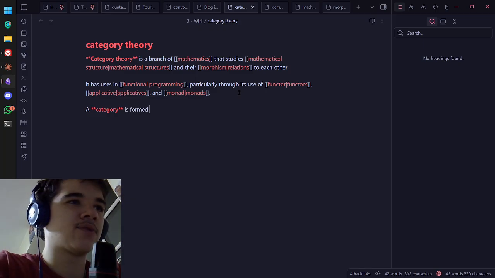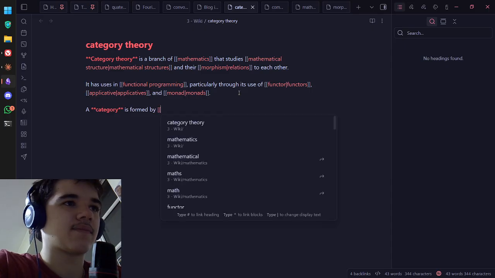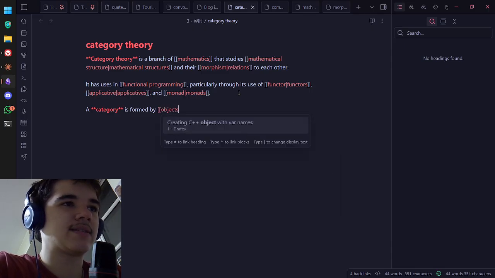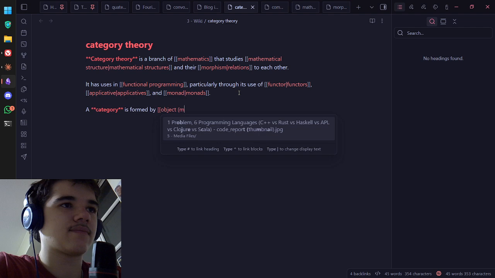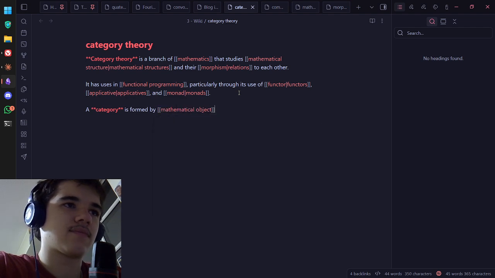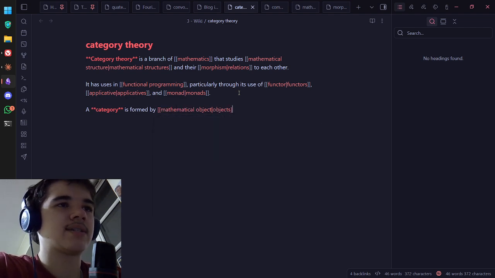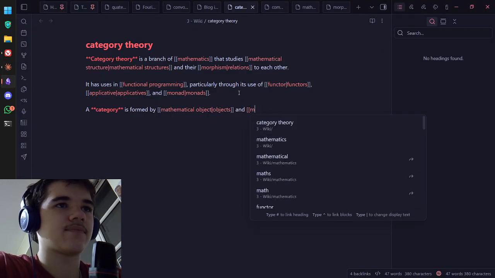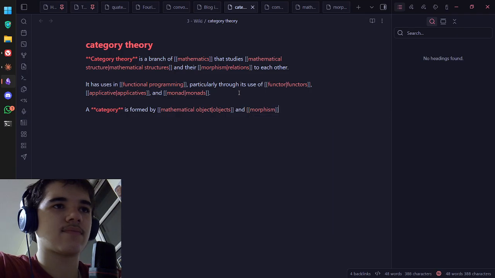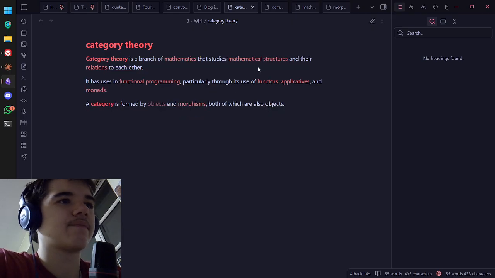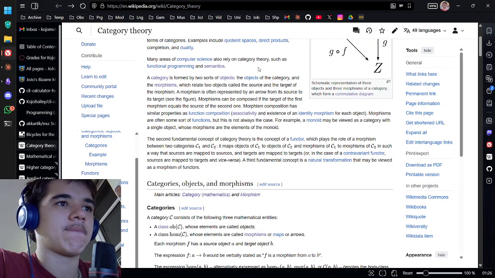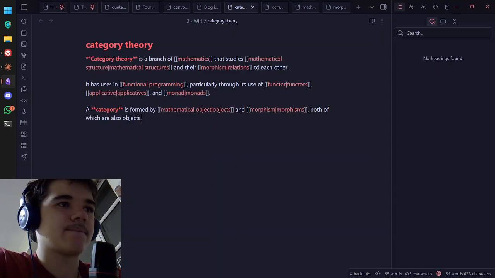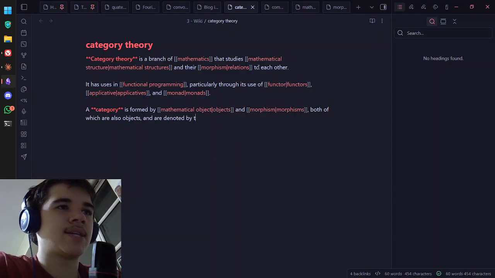Is formed by objects and morphisms, both of which are also objects and are denoted by the symbol.